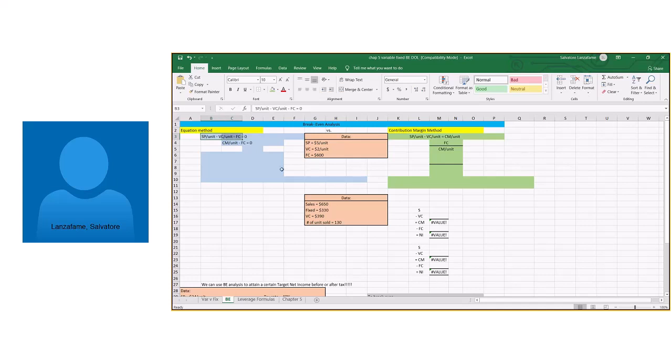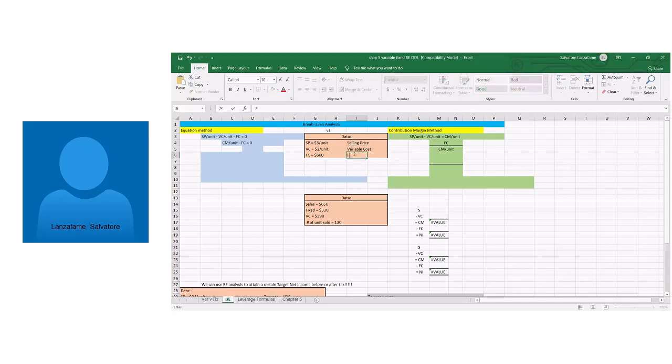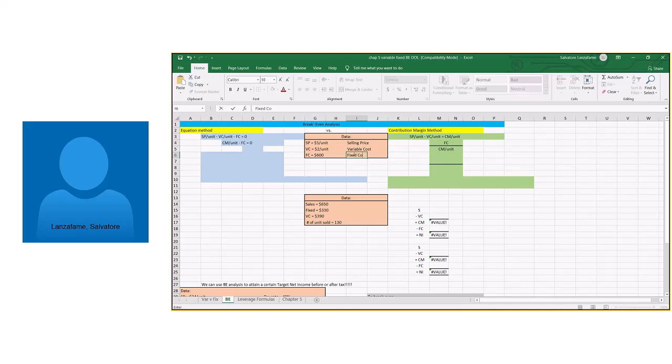So SP is, let me just write that over here. SP is short for selling price, and VC is short for variable cost, and FC is short for fixed costs. Okay, so when you want to calculate break even, let's just talk in general now about break even.